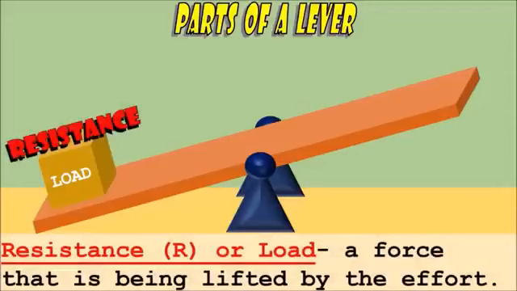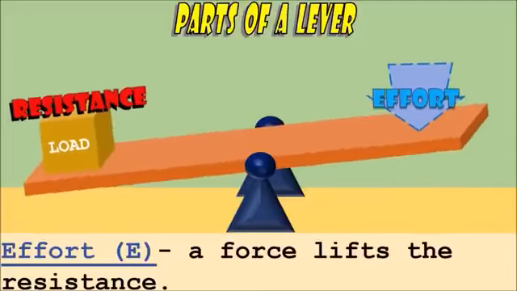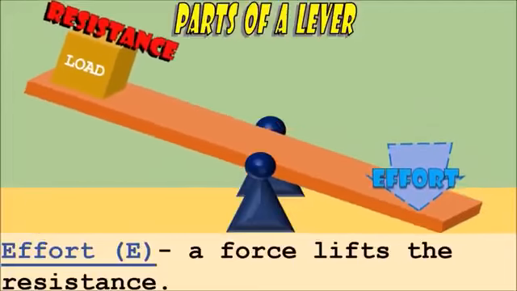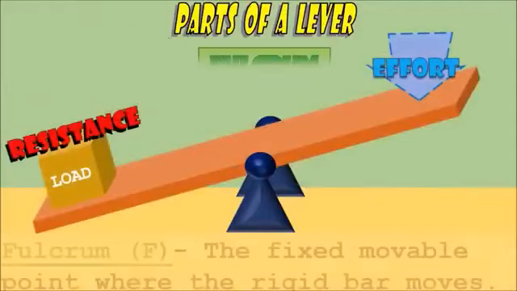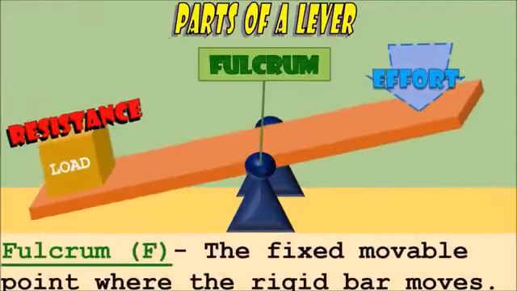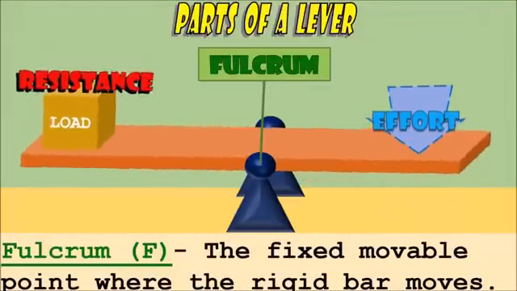The resistance or load. It is a force that is being lifted by the effort. The effort. It is a force that lifts the resistance. The fulcrum is the fixed movable point where the rigid bar moves.